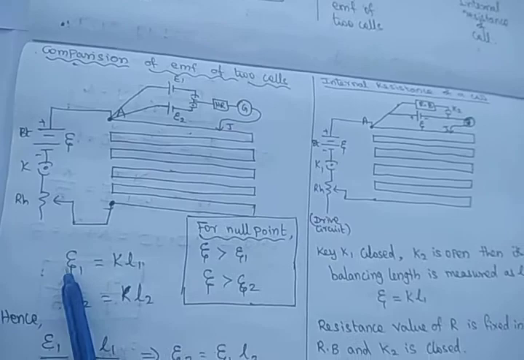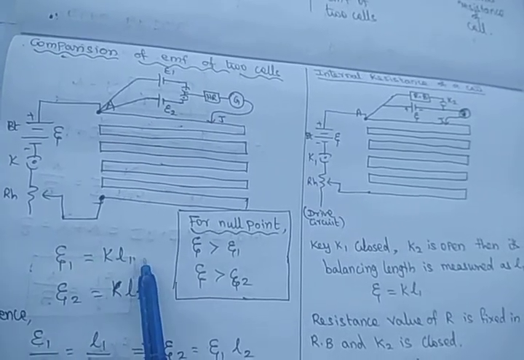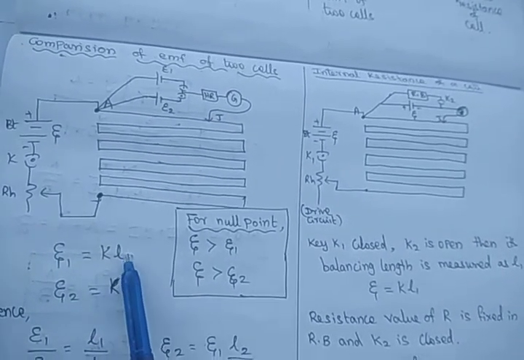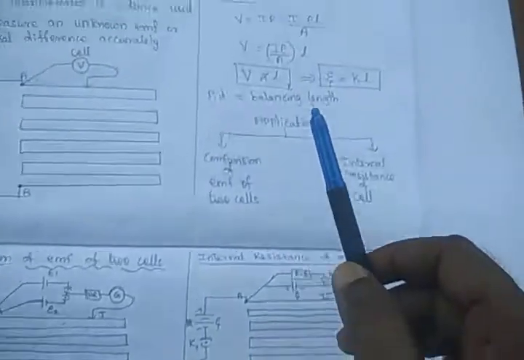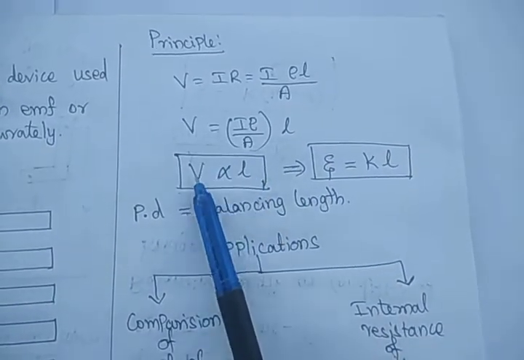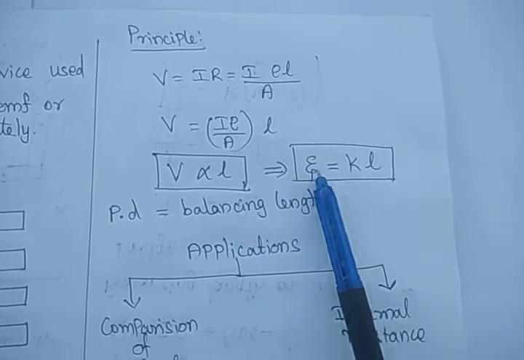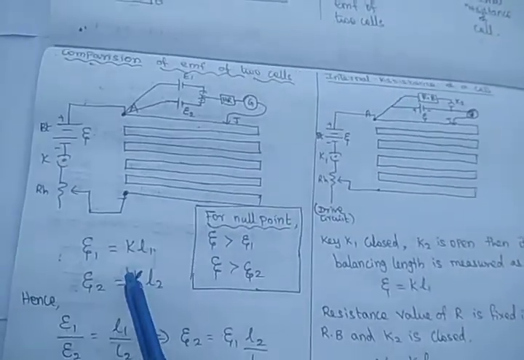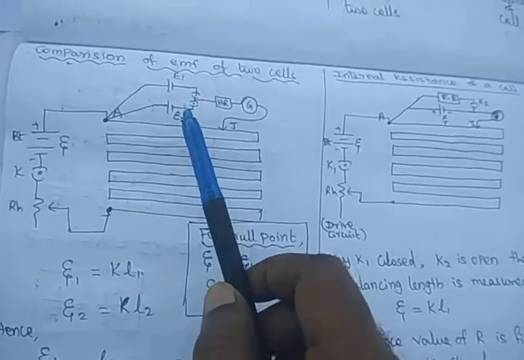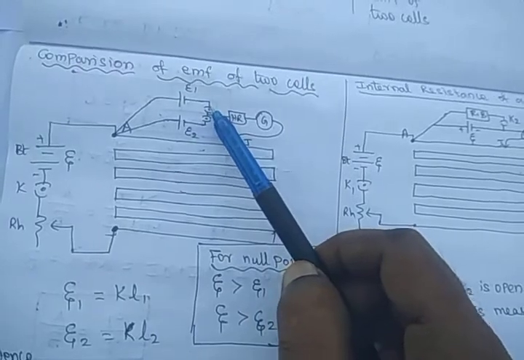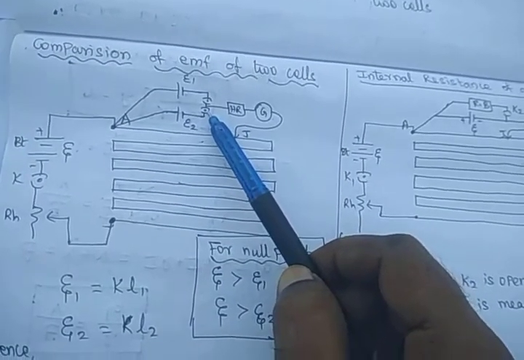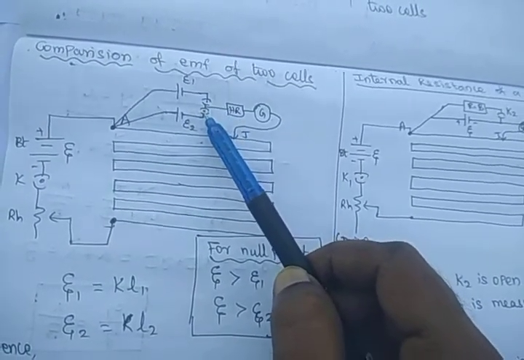So the EMF of the cell is directly proportional to length: E1 is equal to K L1. That is what we are doing by the principle of potentiometer. V is directly proportional to L, hence E is equal to KL. Then similarly, we have to switch off this key and switch on the second key. So it is open and this is closed.